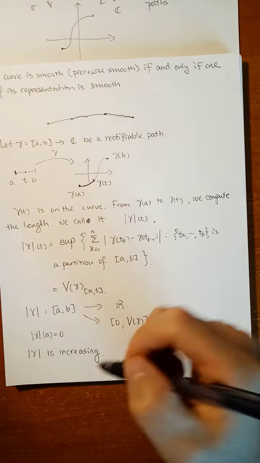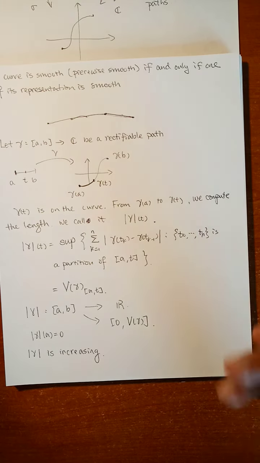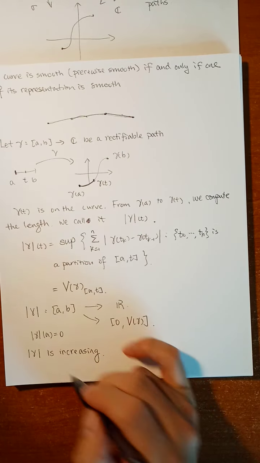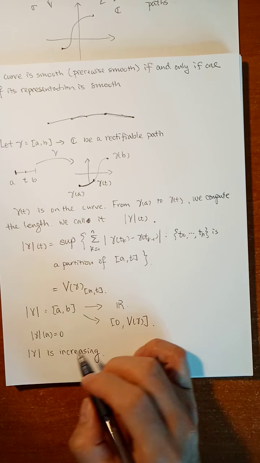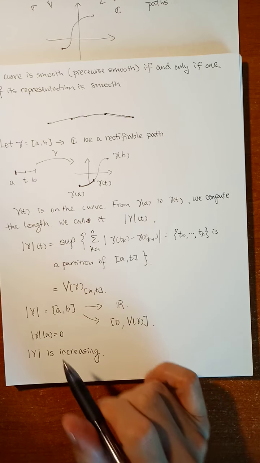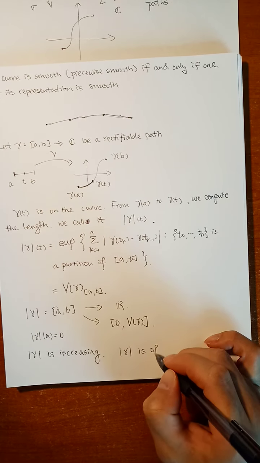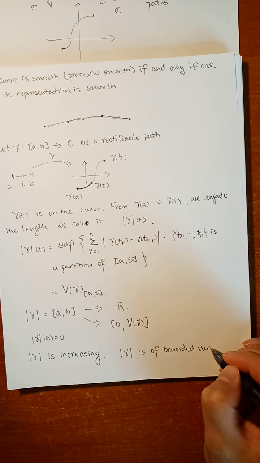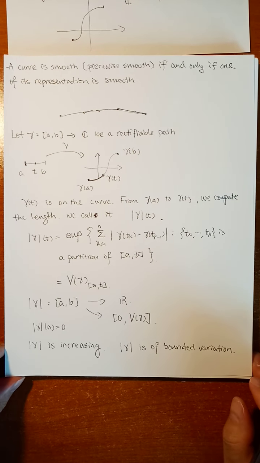Well, it's not strictly increasing. If the original gamma is a constant function, of course, it's not increasing. My bad. It's not strictly increasing, it's just non-decreasing. And because you have a monotone function, we clearly know that the absolute value of gamma is of bounded variation.